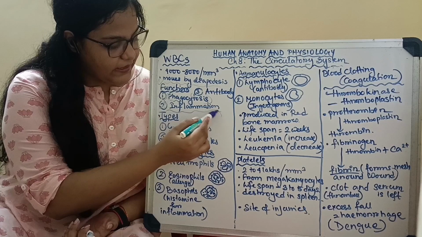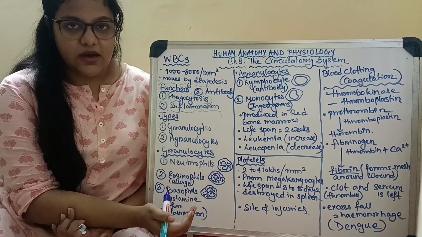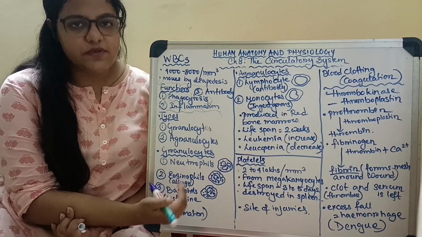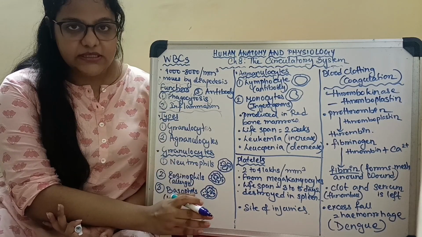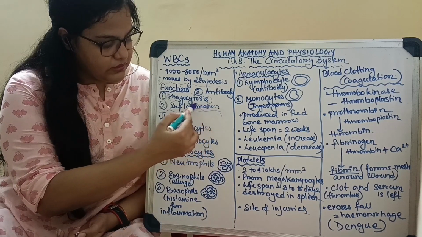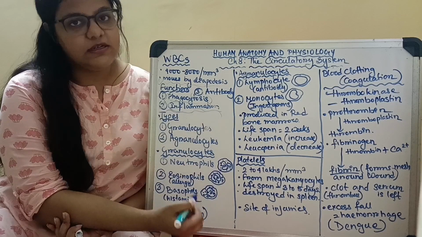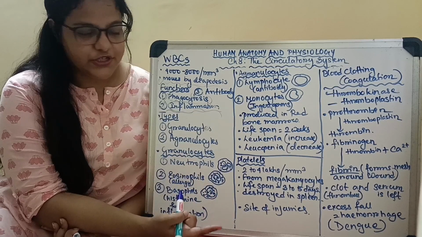Next comes the inflammation. Now, why is inflammation required, right? Now in the infected areas, the infection spreads very fast, right? The germ spreads very fast. So to limit that, ताकि वो ज़्यादा ना फैले, the WBC cells inflame the area so that it does not spread into a larger area.